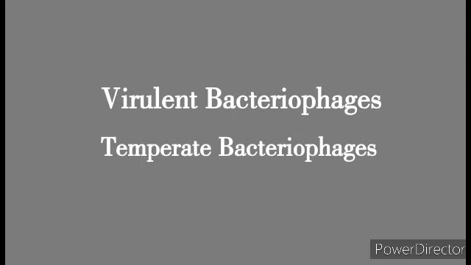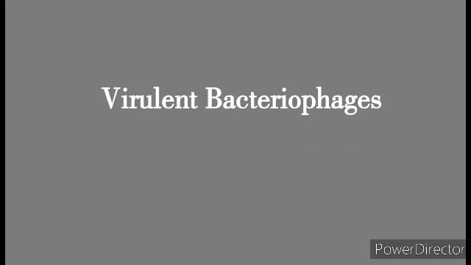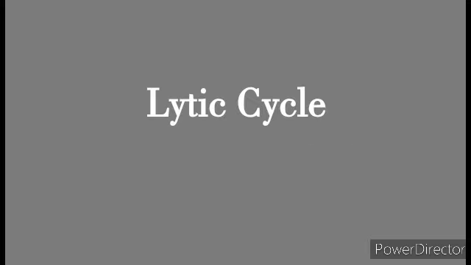Virulent bacteriophages always cause the lytic cycle to occur, while temperate bacteriophages are those whose DNA integrates into the bacterial chromosomes but does not cause the lytic cycle to occur. And for your information, the lytic cycle is the sequence of events in the multiplication of a virulent bacteriophage, which ends with the lysis of the bacterial cell.